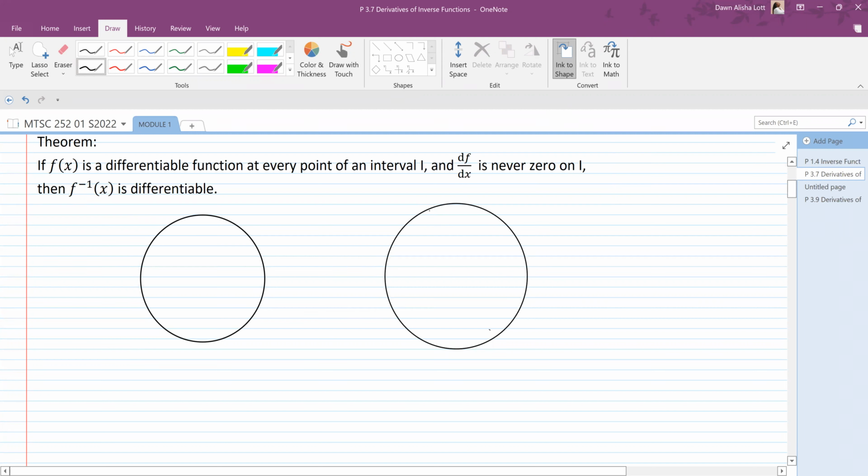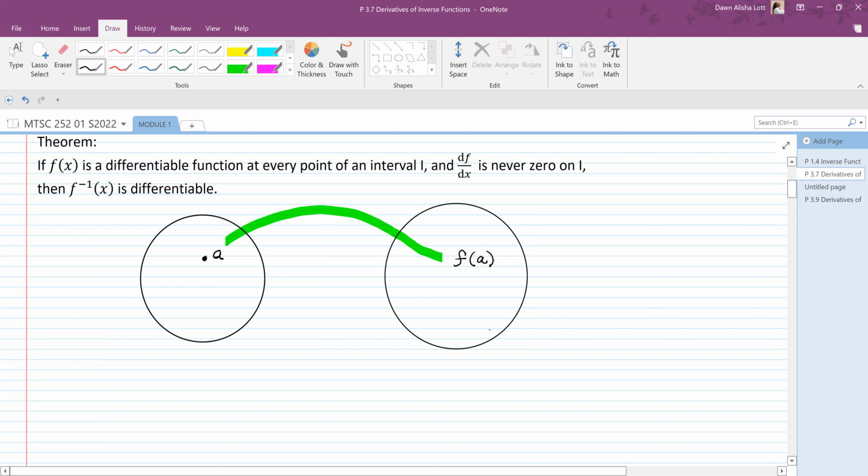All right. So here we have f of x, and f is going to take some point A. So I have some point over here. This is A. And f is going to grab that thing, and it's going to take it over here to f of A.